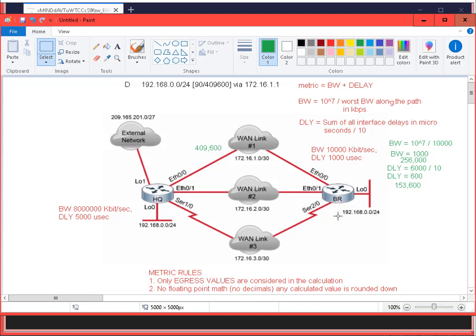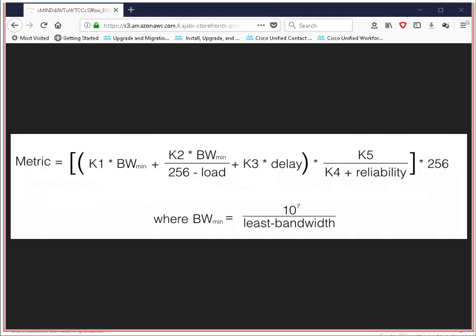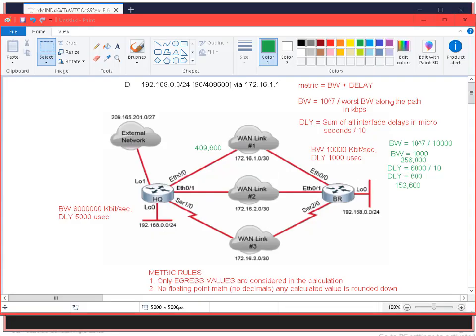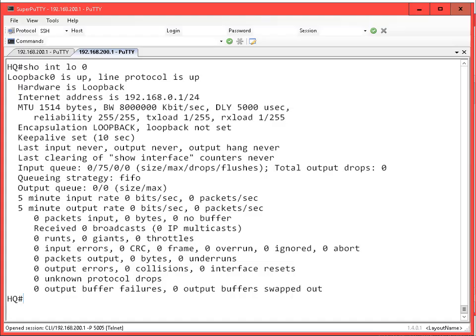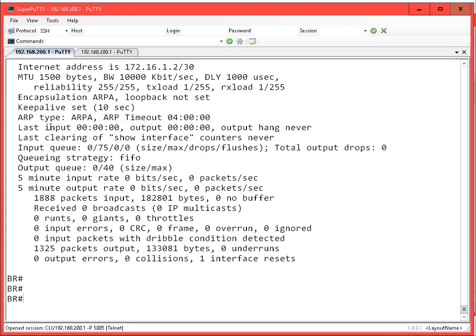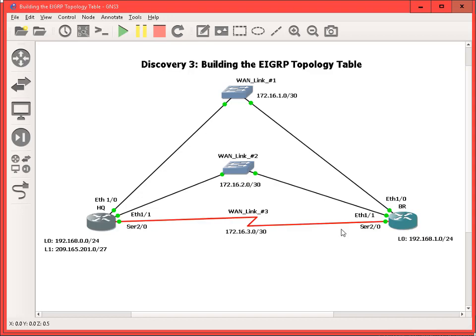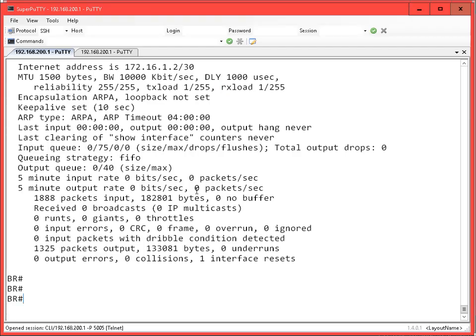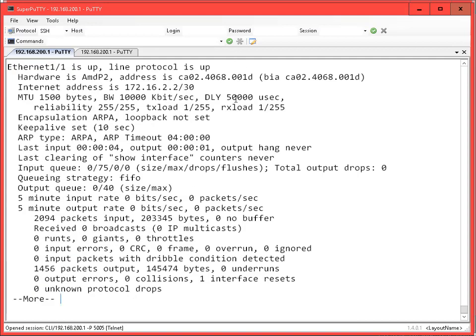So let me go into the branch router again and take a look at this interface right here, Ethernet 1.1. If I do a show interface Ethernet 1.1, I can see that the bandwidth is set to this value and the delay has actually been modified.